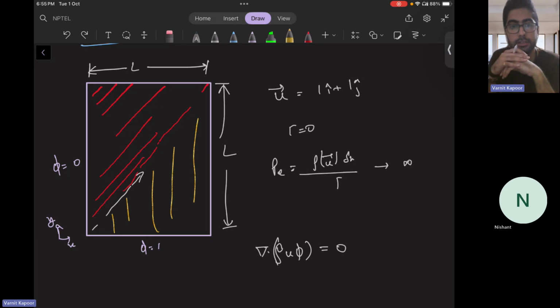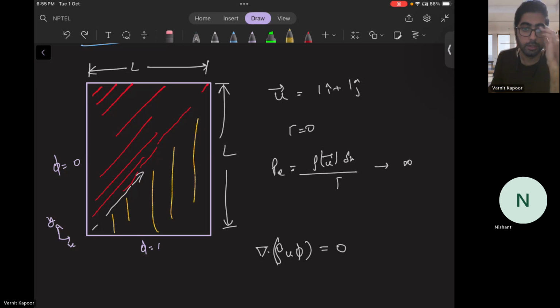What is dependent here is the thickness of the layer. This layer at 45 degrees depends on the amount of diffusion you have. If you have a larger diffusion, this layer would be thicker and thicker, or in the limit of gamma equal to 0, this layer would exist in which the phi value changes from 1 to 0 at a diagonal.